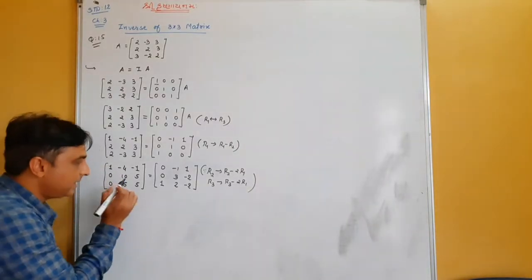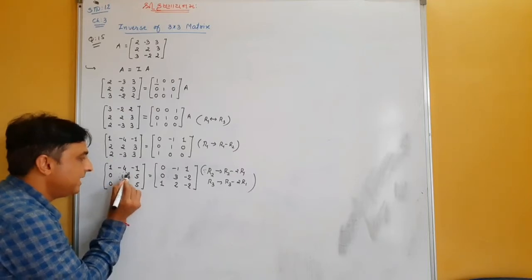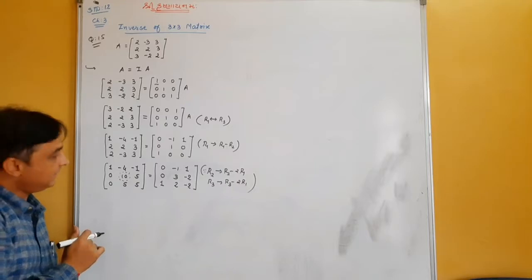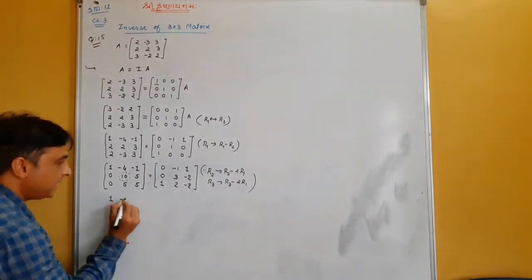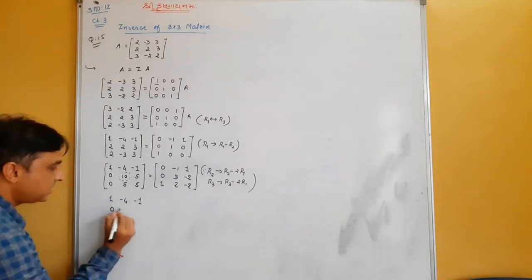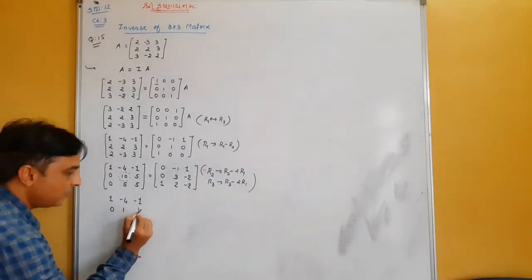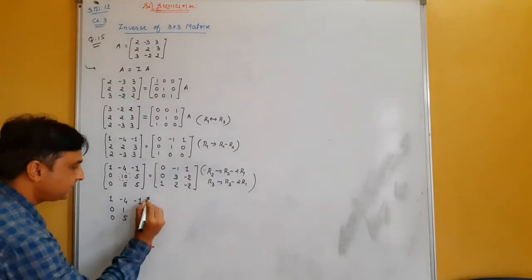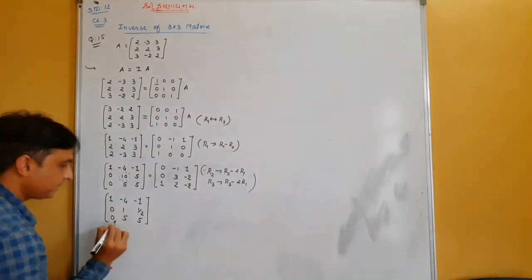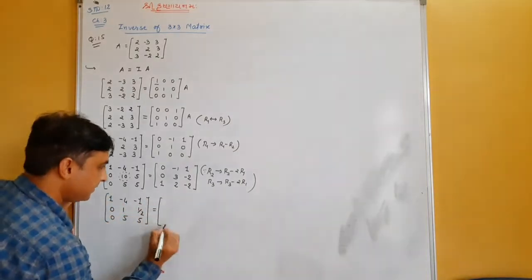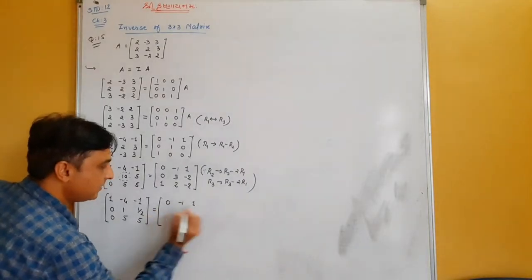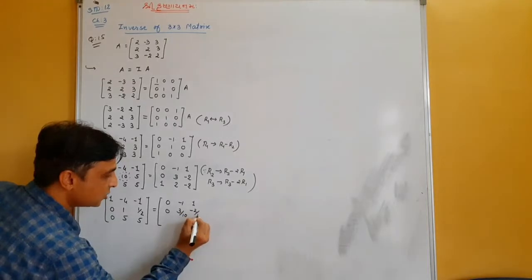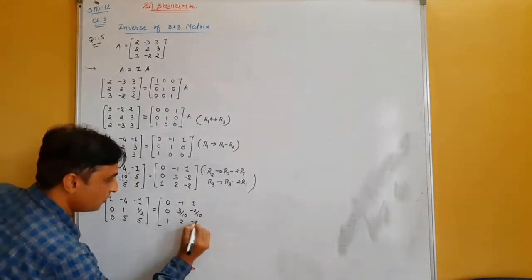Now we need a 1 here. So divide the second row by 10. The matrix is 1 minus 4 minus 1, 0 1 1 by 2, 0 5 5, equal to 0 minus 1 1, 0 3 by 10 minus 2 by 10, 1 2 minus 2.